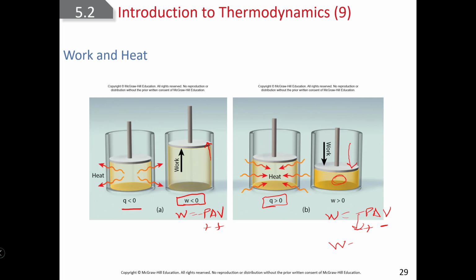And work actually comes out to be greater than 0. Work is positive. So you can tell that's important. We've spent like 3 or 4 slides on that and talking about it since the beginning of this chapter. It's important that you understand heat and work and how they apply to a system and whether that system's open, closed, or isolated.